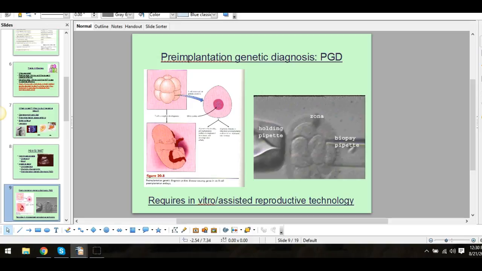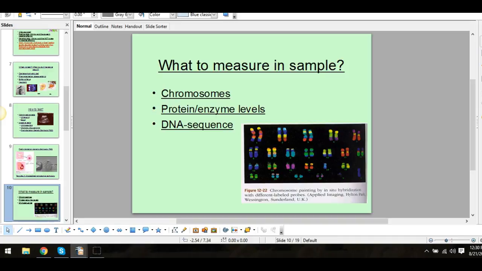It requires in vitro or assisted reproductive technology to discover a genetic condition. What do we measure in a sample? We look at the number of chromosomes, we look at protein and enzyme levels, and we look at DNA sequence.